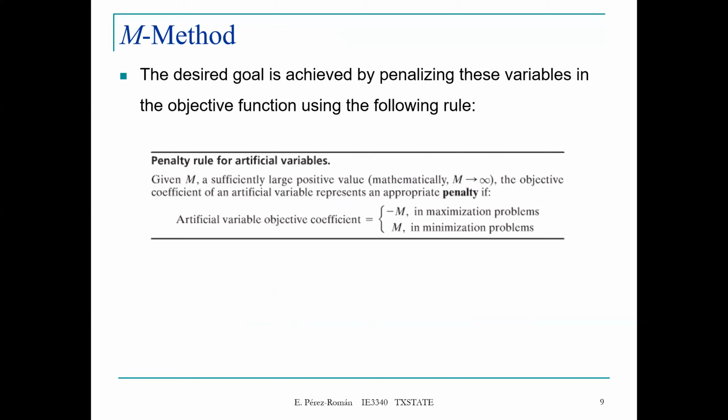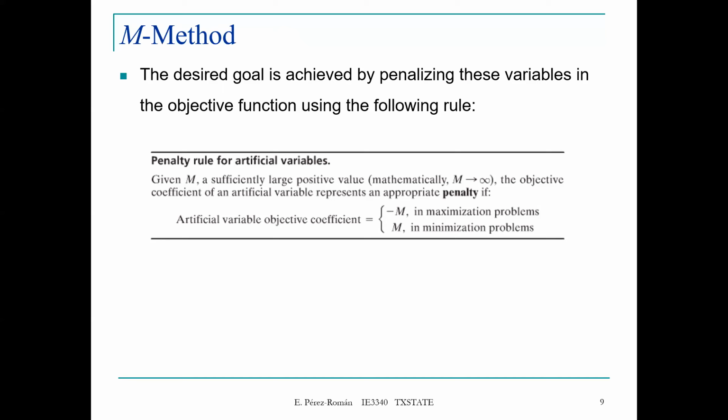So the penalty rule for the artificial variables is given by M. M is going to be a sufficiently large positive value. Mathematically, this M value will go to infinity. The objective coefficient of an artificial variable represents an appropriate penalty if the artificial variable objective coefficient is equal to minus M in maximization problems or positive M in minimization problems.